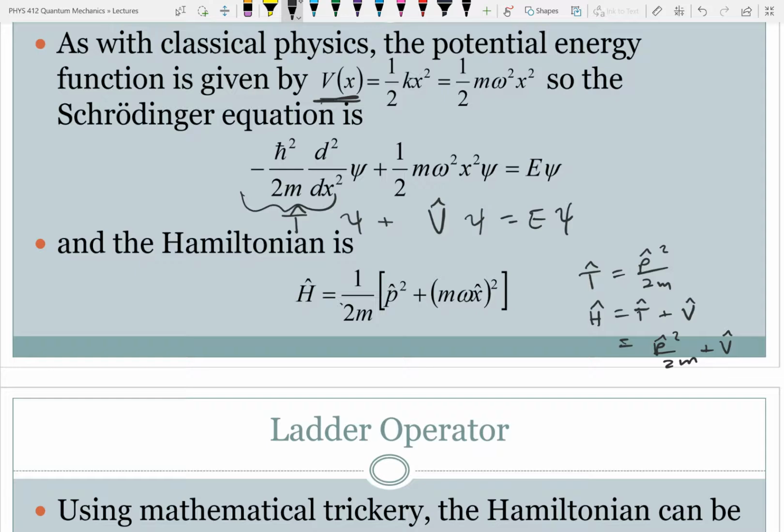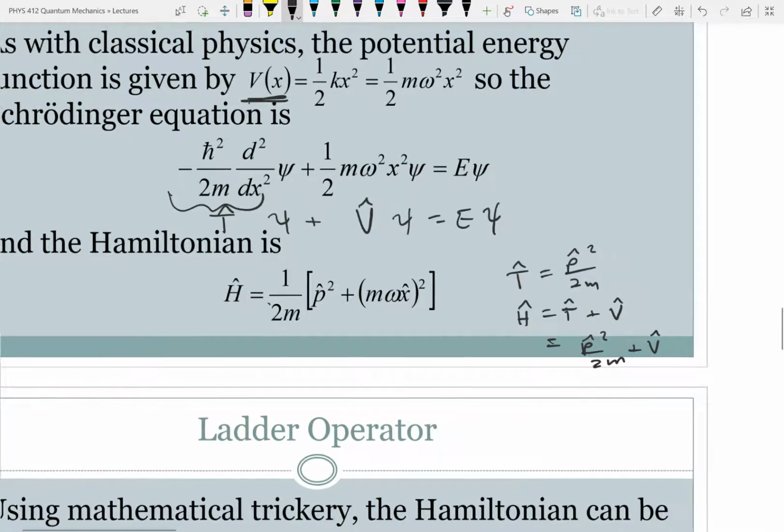Oh my goodness, I am pretty sure I made a mistake there. Oh no, I did it right. Yes, there's a square outside. So this is writing the Hamiltonian operator. The Hamiltonian is the left side of our Schrodinger equation: Hamiltonian acting on psi is E psi.